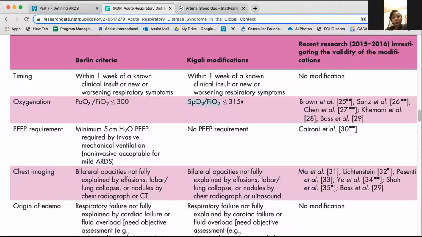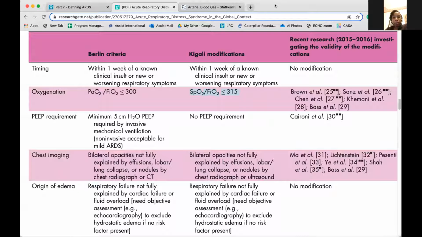So don't be discouraged if you're in a facility where there is no BGA. You can always use the SpO2 to help you calculate and to give a point of reference to see if the patient has ARDS.